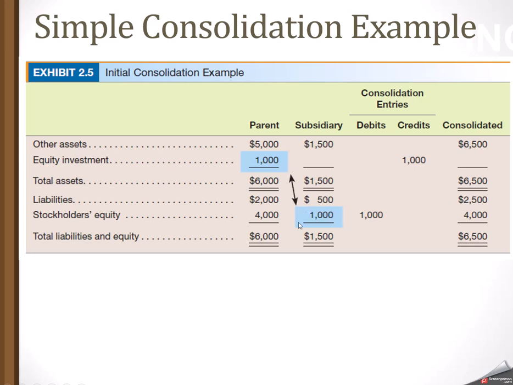Those two will eliminate, and then the rest of the items will just be added straight across. The assets are the parent's plus the sub's, which gives us the total. Liabilities are the parent's plus the sub's, which gives us the total. And the stockholders' equity that remains is the parent's, because the subsidiary company is solely owned by the parent. So the only outside third parties that have any involvement are in the parent company.